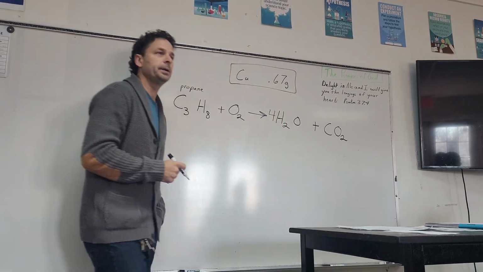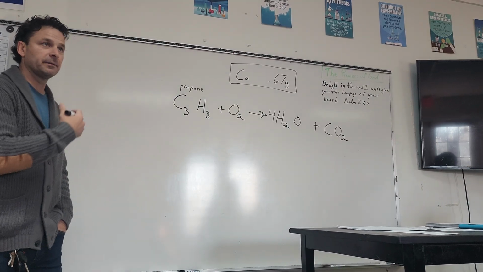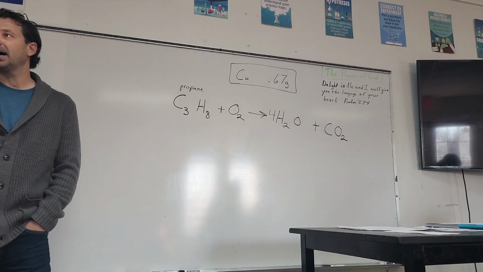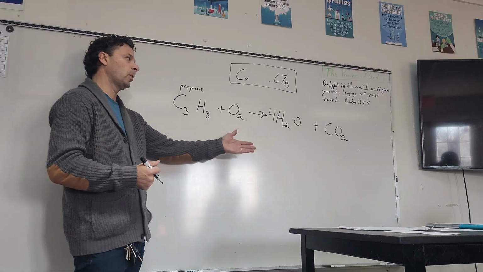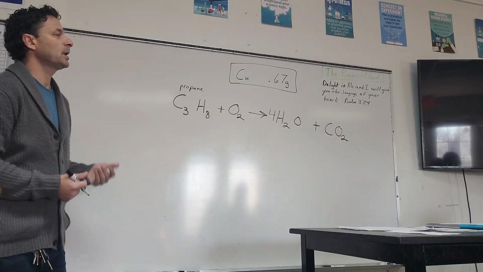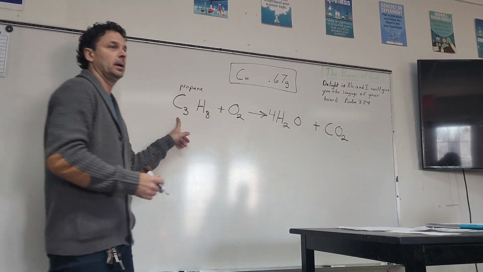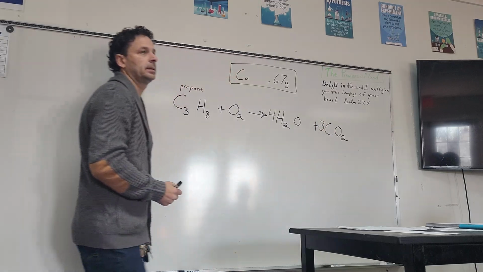Is a 4 an odd number? No, it's an even number. So this is going to fall out eventually. We don't need to stop and go back and double the hydrocarbon, which is great. So I start with water on a hydrocarbon combustion, and I can see that's an even number. This will fall out. I just need to balance my carbons. So I need a 3 here.